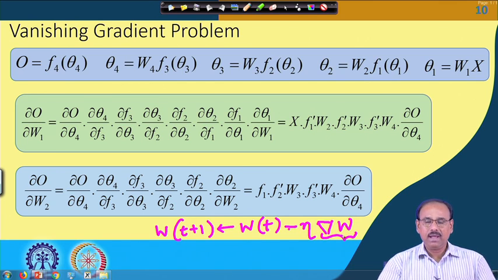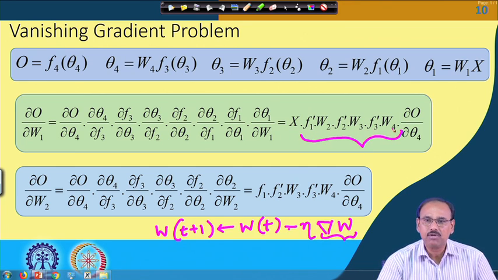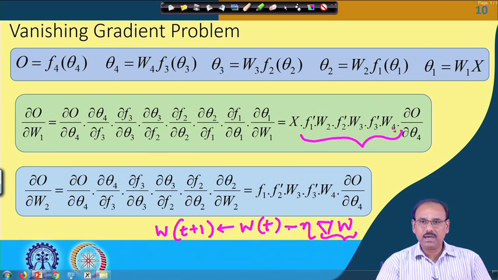This problem becomes very, very prominent with the depth of the network, because as the depth of the network increases, the terms in this product also go on increasing, which reduces the gradient which reaches the early layers of the network.